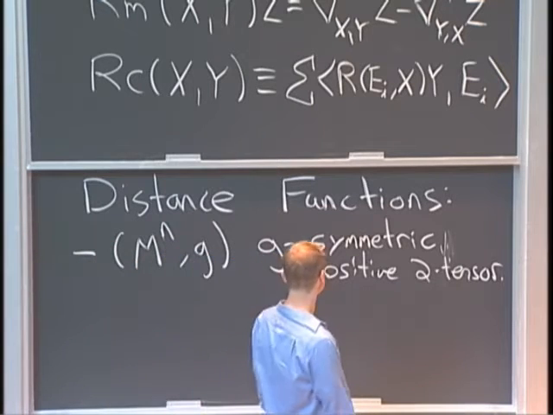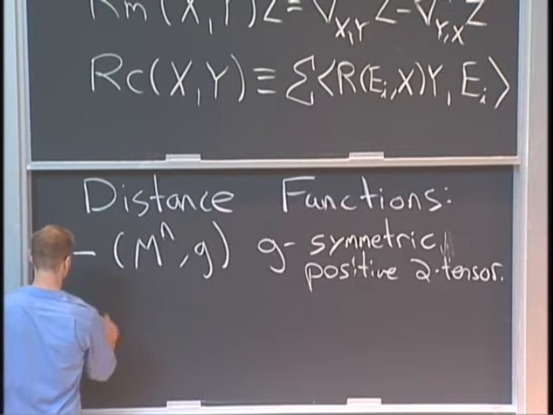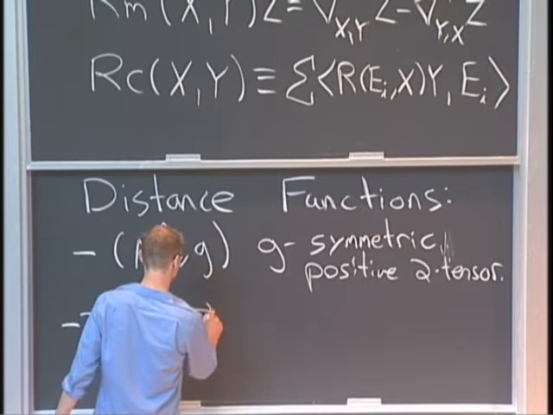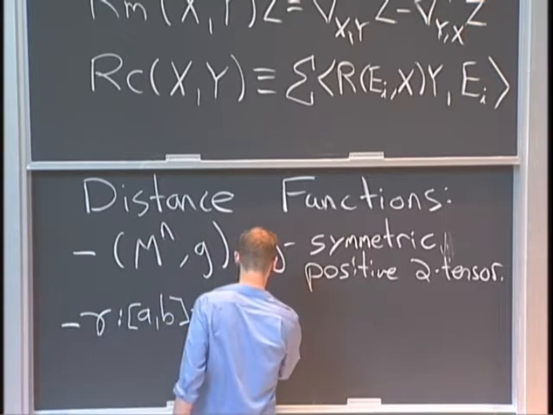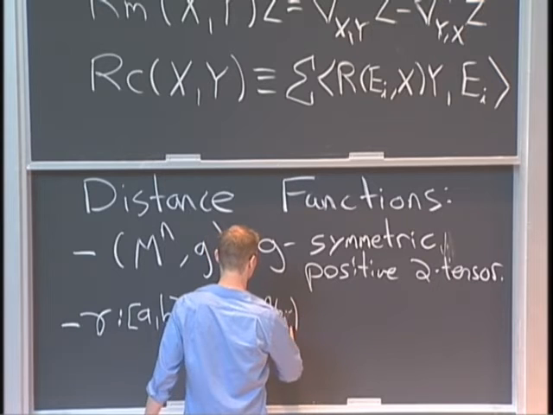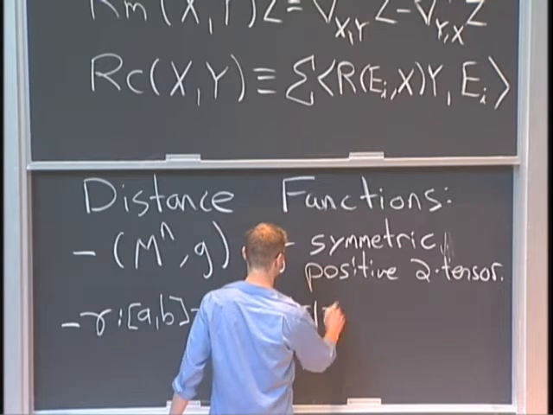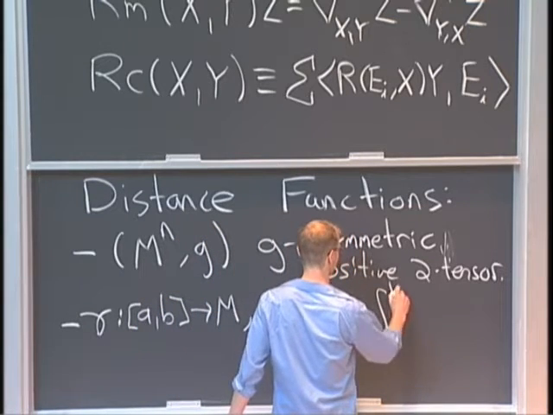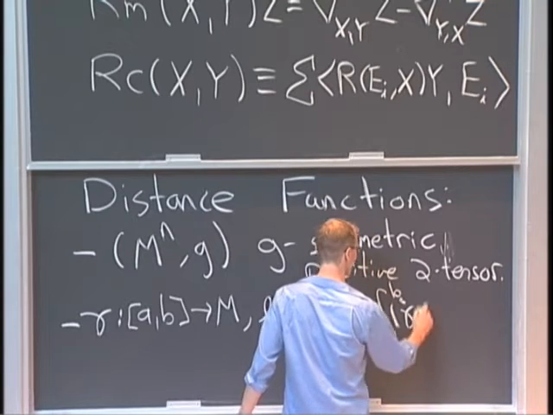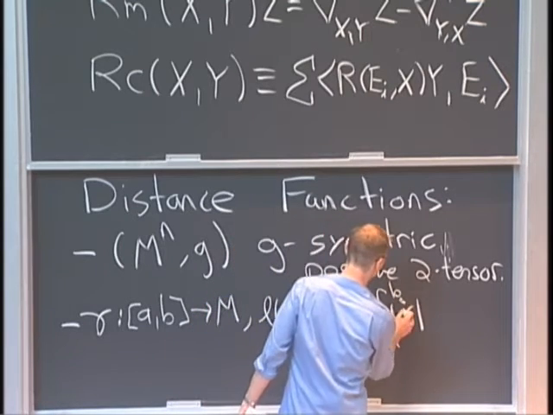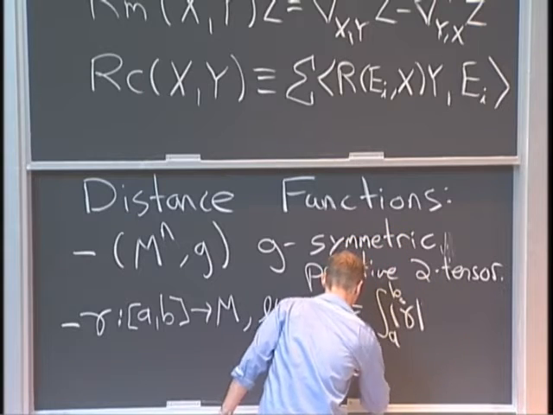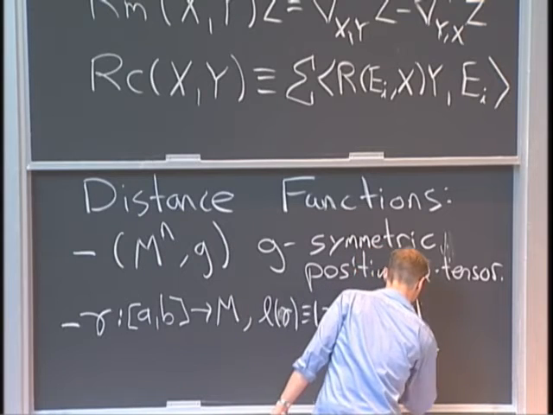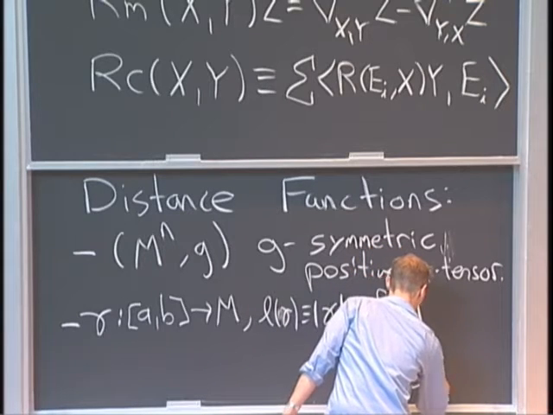So if we have some nice smooth curve, smooth, Lipschitz, whatever, it doesn't really matter, then we define its length, which I might also write like this, to be the integral of the norm of gamma dot, which itself, by definition, is the integral from a to b of the square root of g of gamma dot.